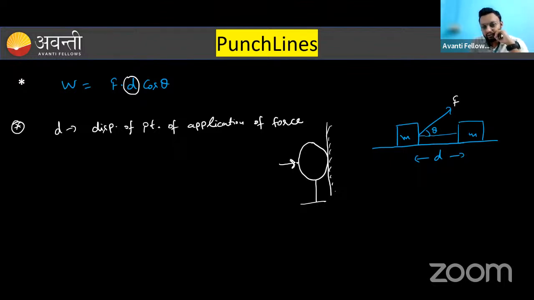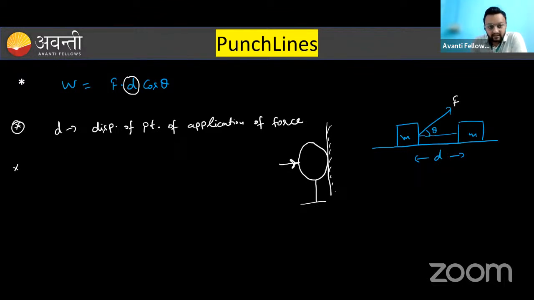Only this part of the balloon will move. So not the complete body is moving. So when we apply this formula, we need to remember that d is the displacement of the point of application of force, where the force is applied, how much displacement occurs at that particular point. Is it clear to you? First punchline was d is the displacement of what point.